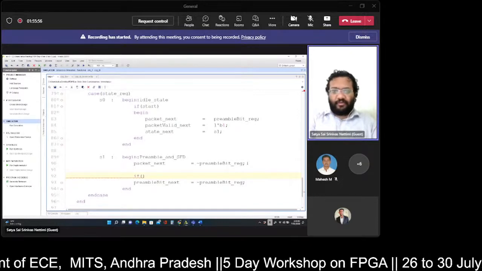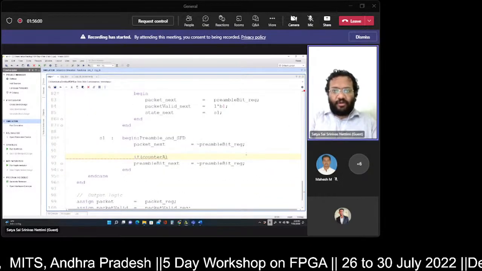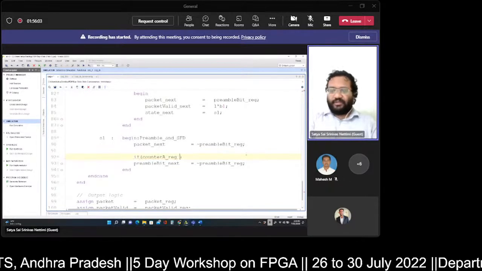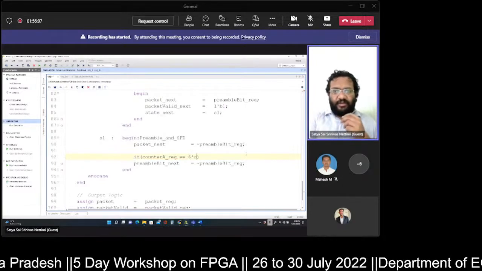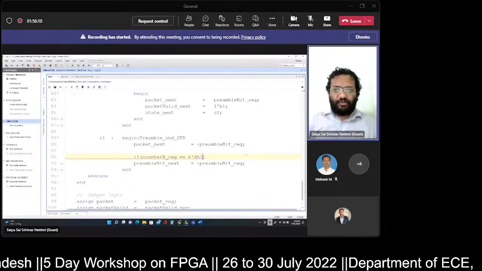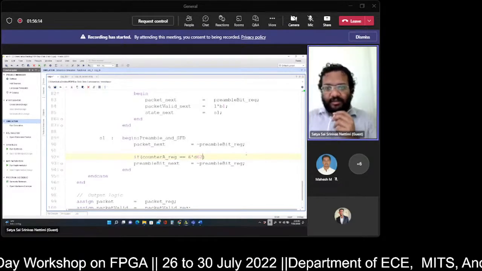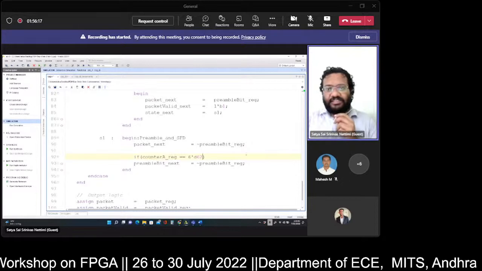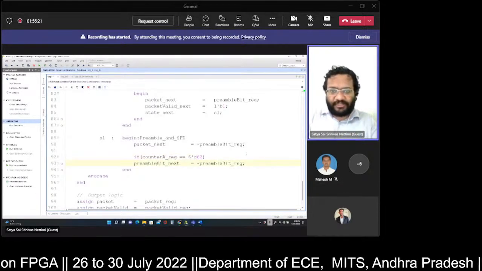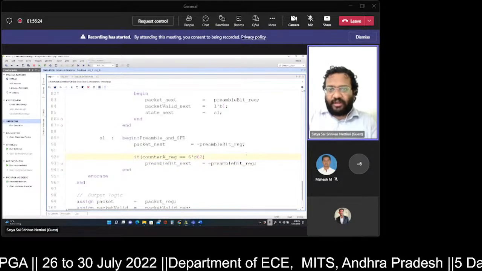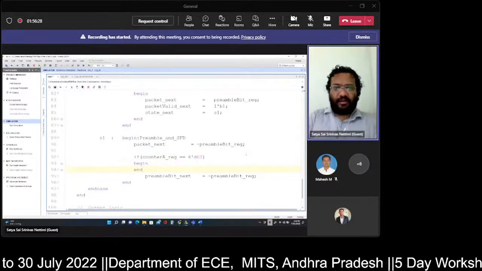If counter A reg is 62, we need to count only 63 sequences, that is ranging from 0 to 62. If the counter reaches up to a count of 62, then what you have to do, begin and end.